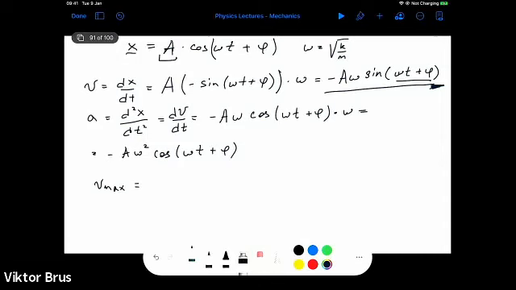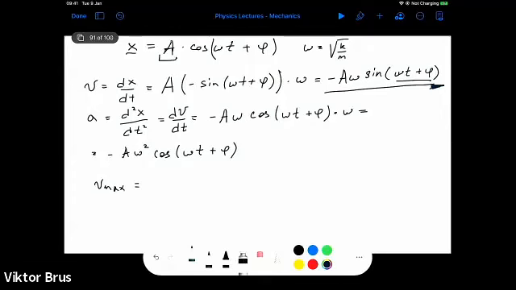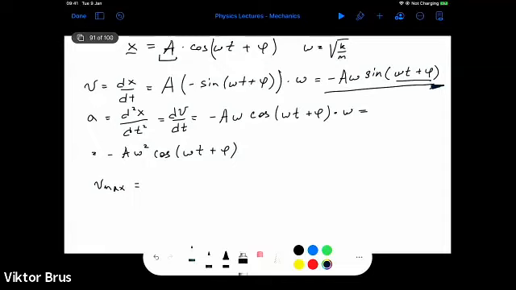Not time, but minus amplitude multiplied by omega. Yeah, so let's consider just the absolute value. So you're right, it will be a times omega. So this is what we have in front of the sinus.